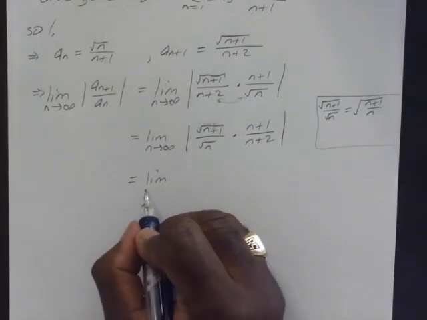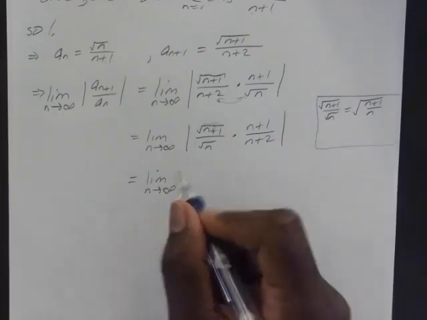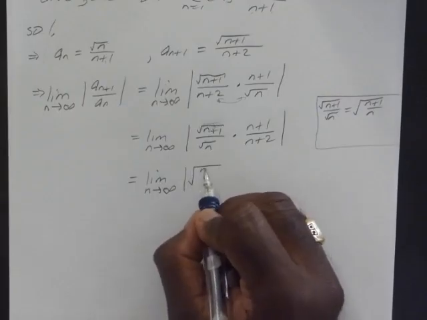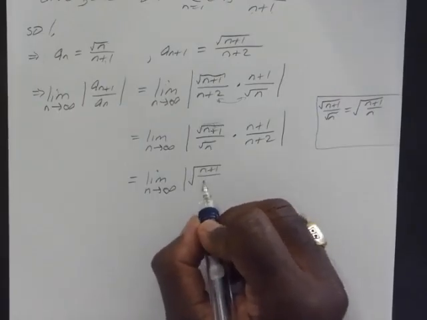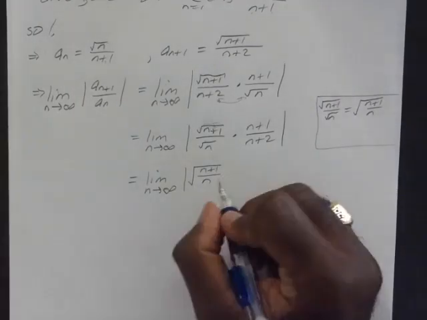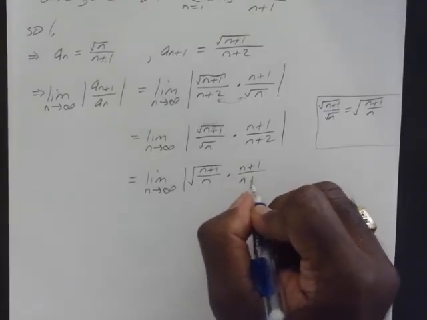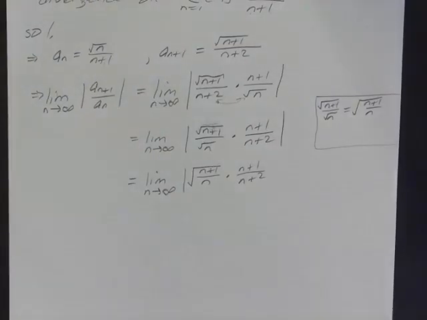So that takes the limit as n approaches infinity of the absolute value of the square root of the quotient n plus 1 over n times n plus 1 divided by n plus 2. Nope, forgot to close out my absolute value. There we go.